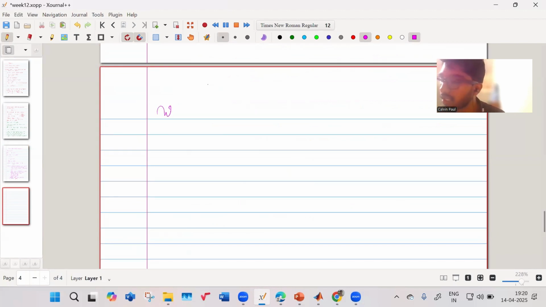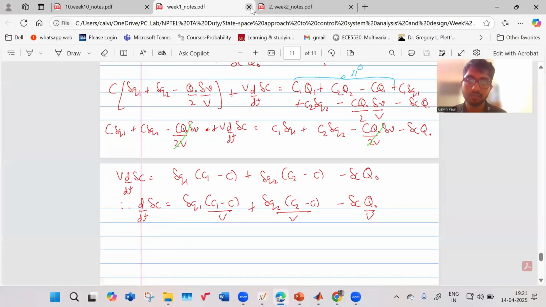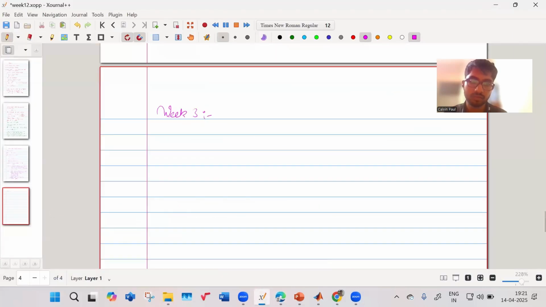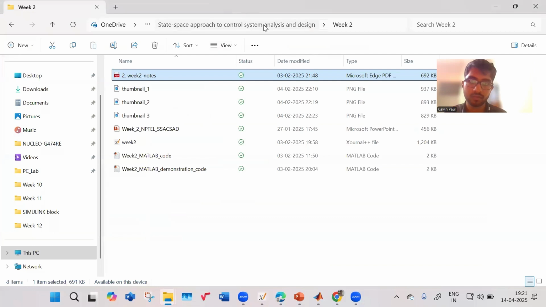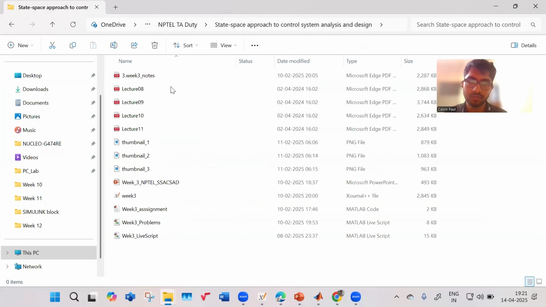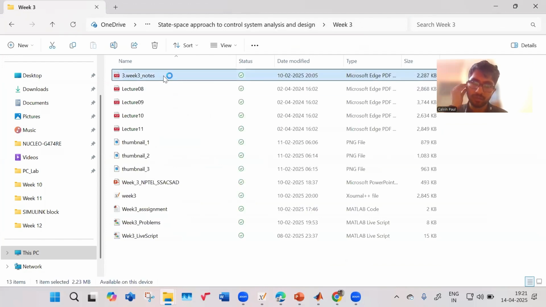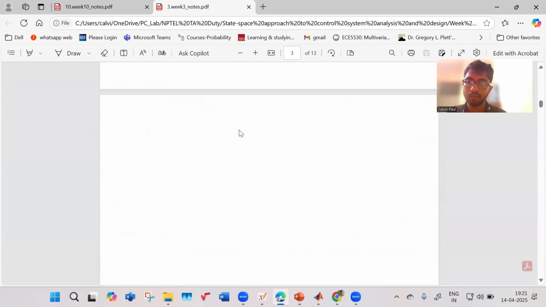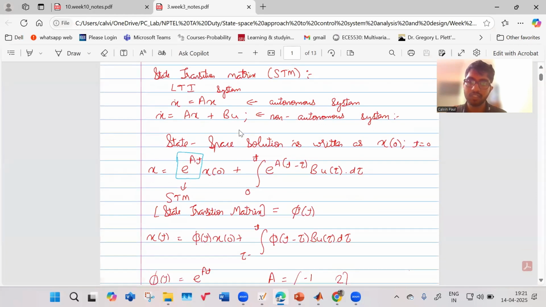Now we'll consider what was done in week 3. Week 3 is state space solution.